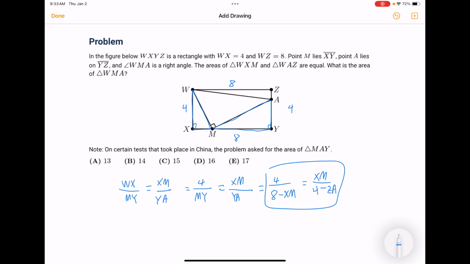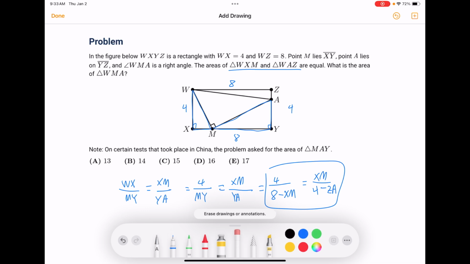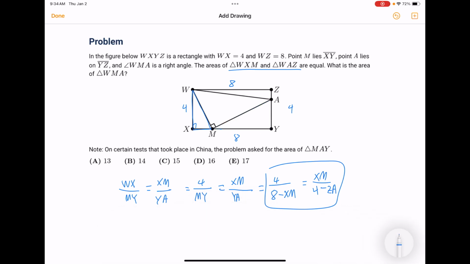But it also tells us that triangles WXM and WAZ have equal areas. So now we're referring to WXM and then WZA. The areas of these two are equal.